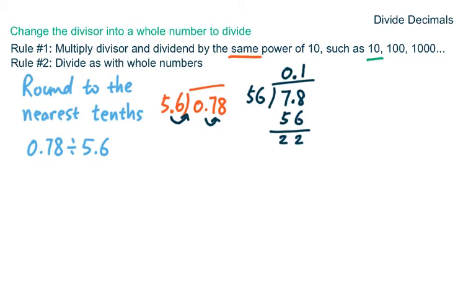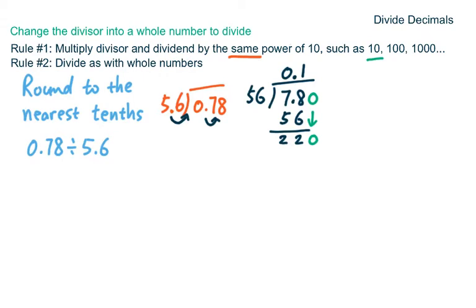Now we still have to continue to divide because we only finished the tenths place. We need to at least get another number in the hundredths place so we can round. So I'm going to add another 0 at the hundredths place, bring it down. So I have 220.